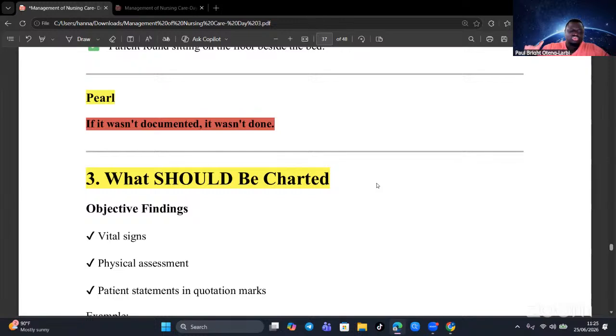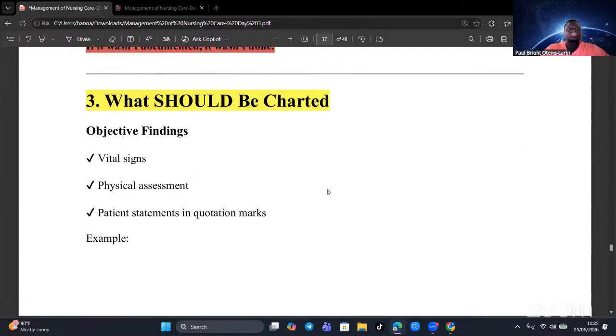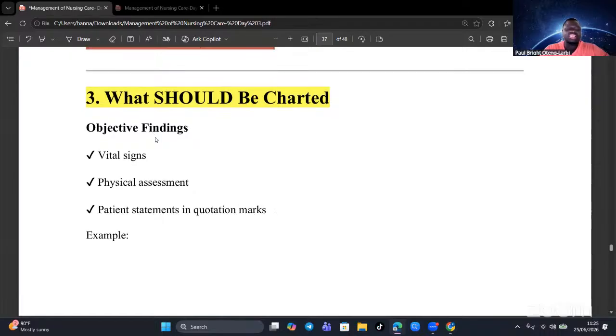Take notes. If you are somebody who easily forgets, please document right after your care. So what should be charted? Objective findings, in the vital signs and physical assessment, and the patient's statement in quotation marks. Take note: the patient's statement in quotation marks.